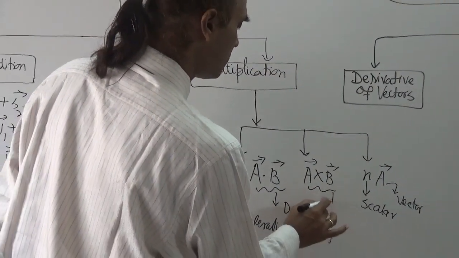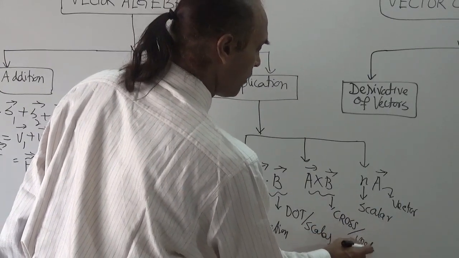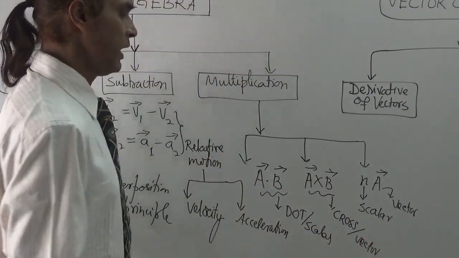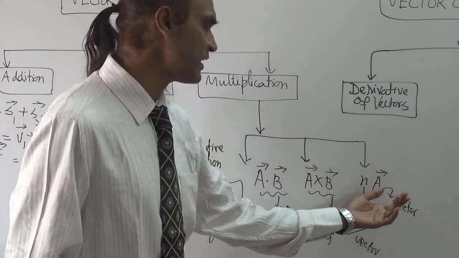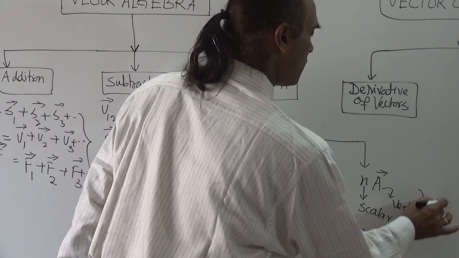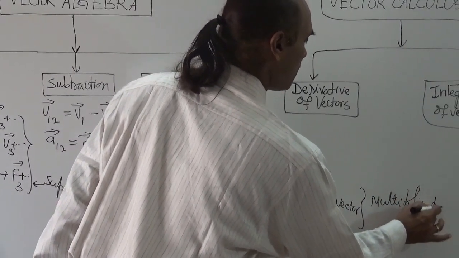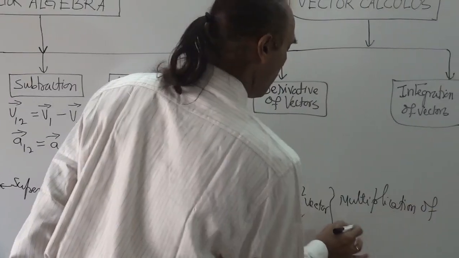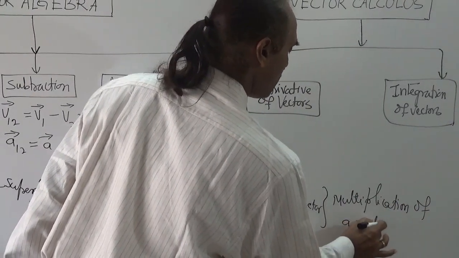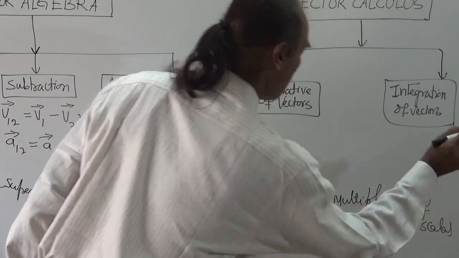This is cross or vector multiplication, and this is the multiplication of a vector by a scalar.